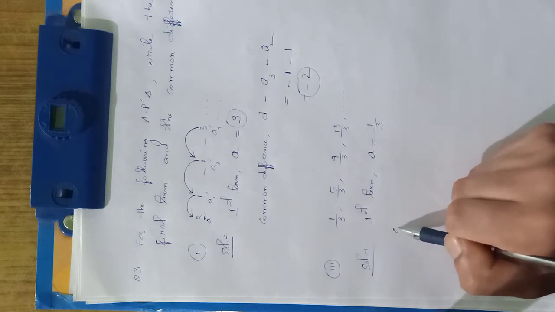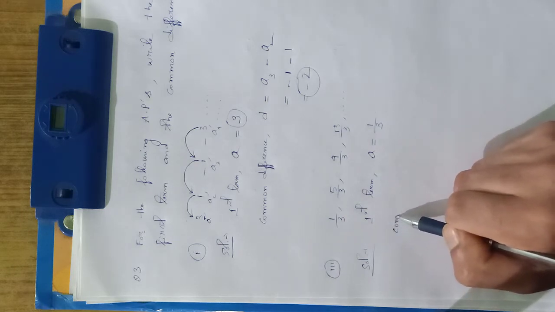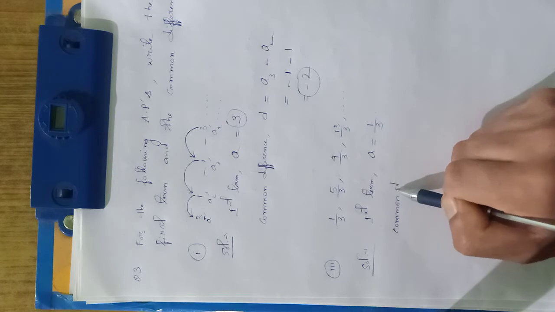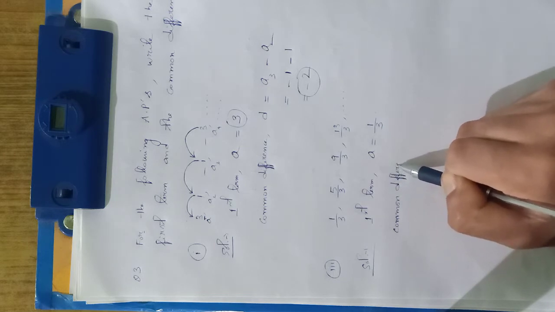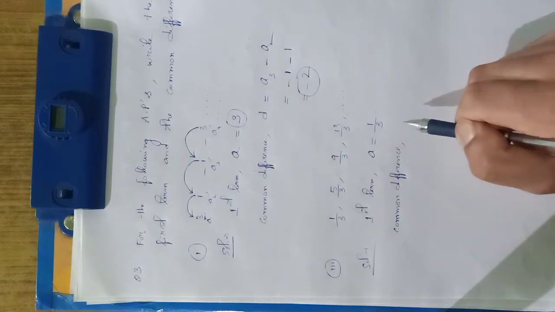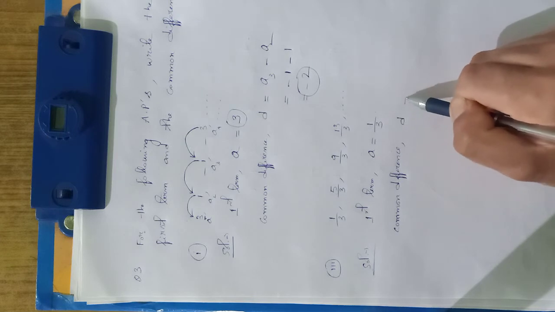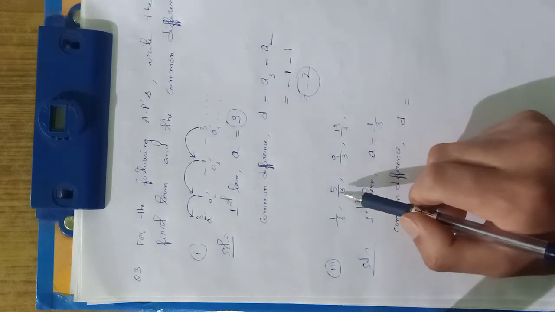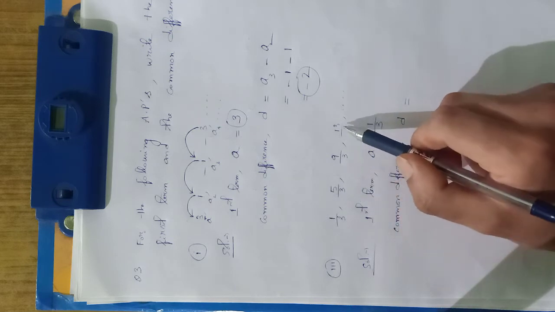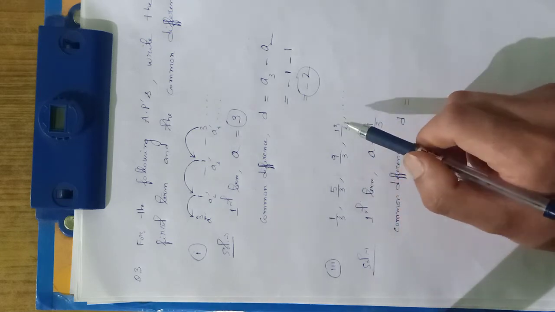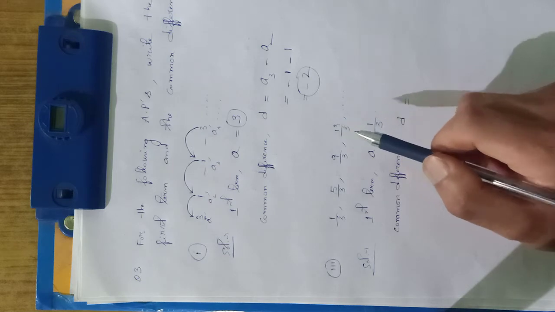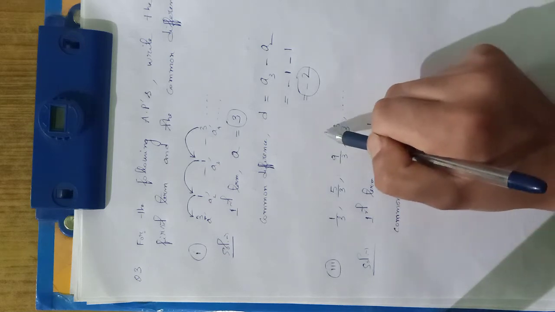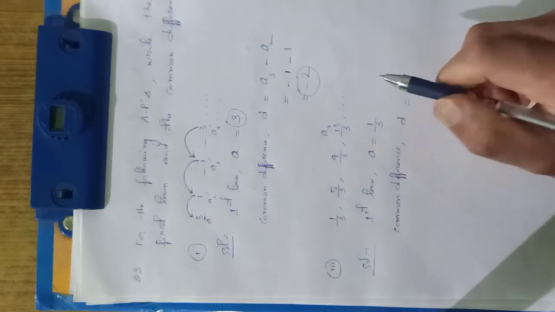Now the common difference. The common difference denoted by D. Now in order to determine the common difference, we can choose any term of the AP, but with that term we have to subtract its preceding term. Suppose we choose the fourth term, A4.